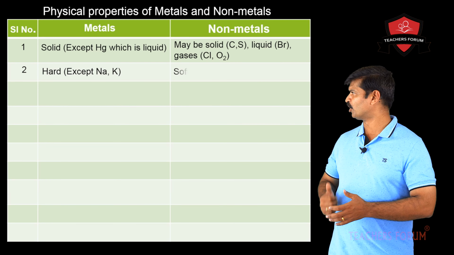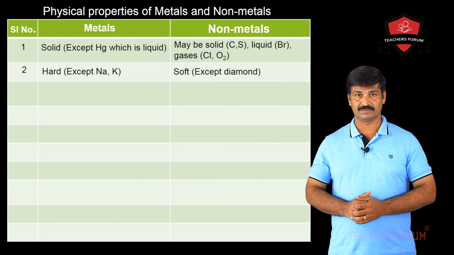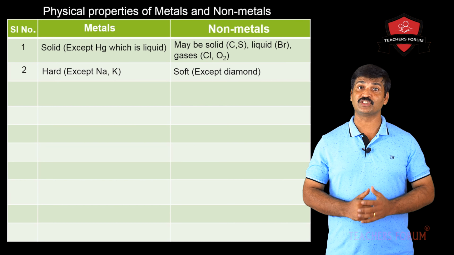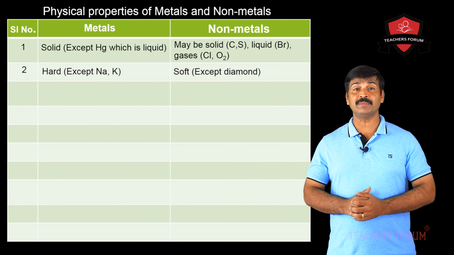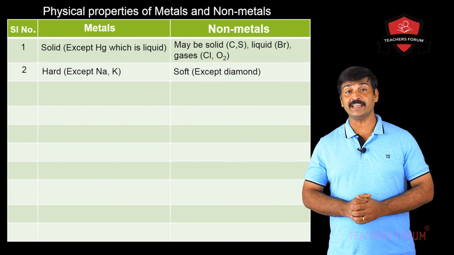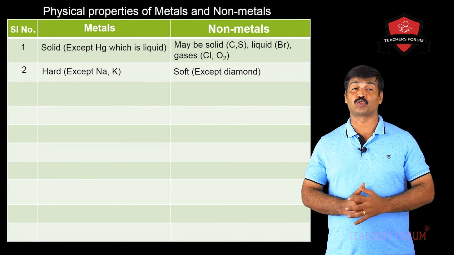Now what about non-metals? Non-metals are generally soft, but there is one exception, that is diamond. Do you know what diamond is? Diamond is an allotropic form of carbon. Carbon can exist in two forms, and these two forms are called allotropes.